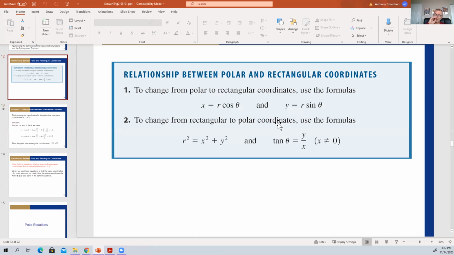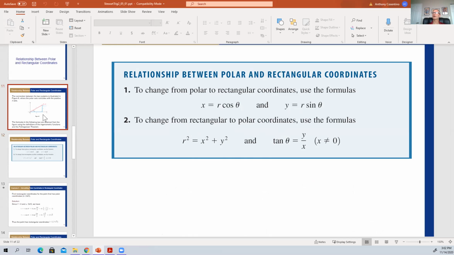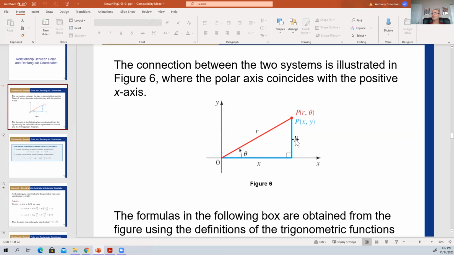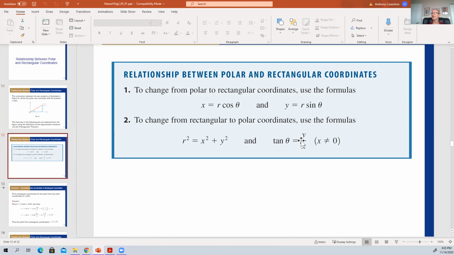Here we go. Sorry about that, I couldn't find the right slide. So here on slide 12, you find the relationship. If you want to go from polar to rectangular or vice versa, we have it right here. You could see that r squared equals x squared plus y squared, right? Pythagorean theorem. And then tangent, if we go back to our graph here, tangent would be y over x, right? And that would be the angle.